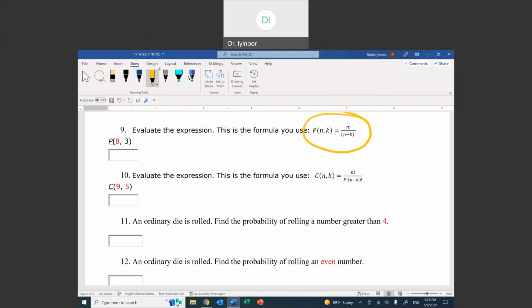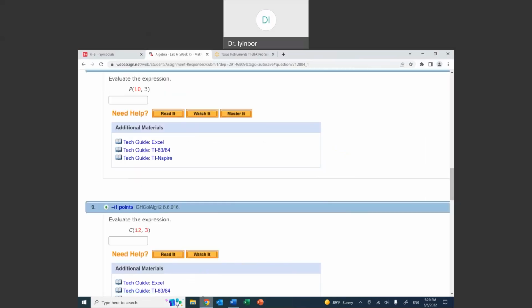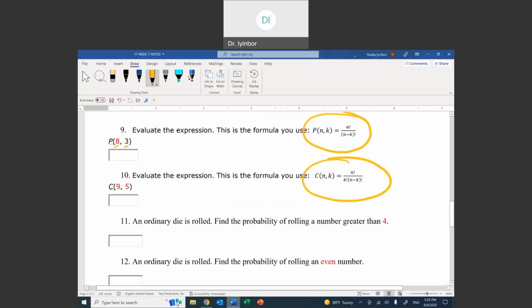Permutation and combination. Notice the letter P means permutation, and the given numbers here are n and k. The first one is permutation. If I want to do permutation, I'm going to use this formula, which is n factorial over (n minus k) in parentheses factorial.